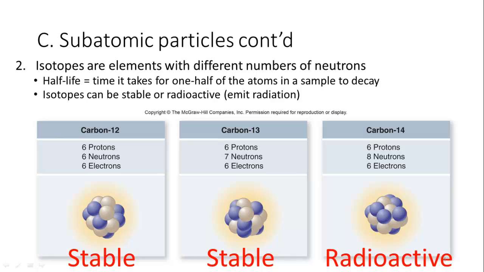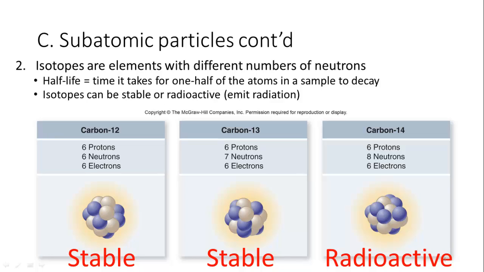These all have the same number of protons, since by definition carbon has 6 protons, but they have different numbers of neutrons, and that gives them a different mass. So carbon-12 is the total mass of that isotope. An isotope by definition is an atom of the same kind that has a different mass.